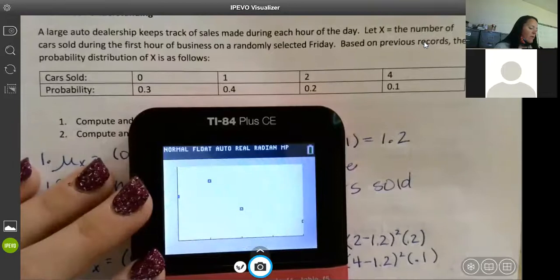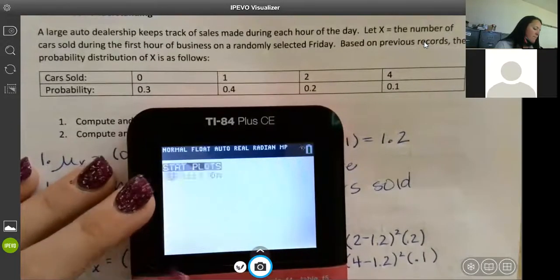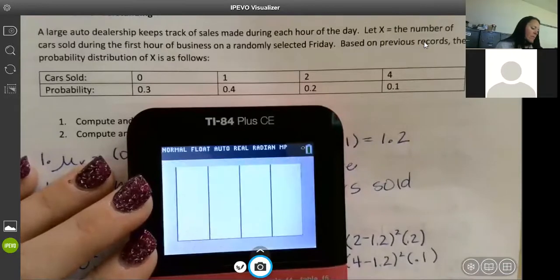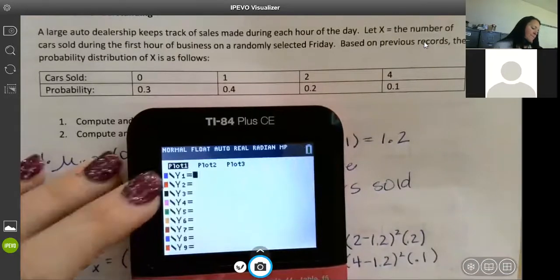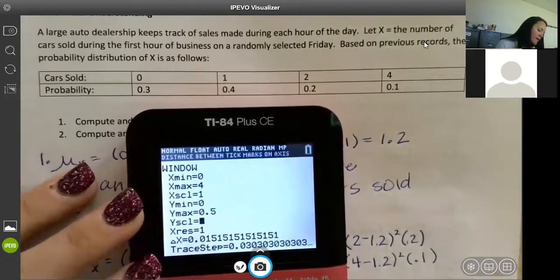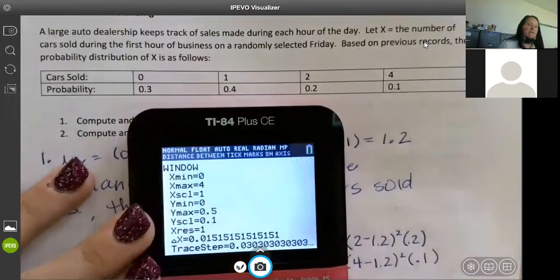And then when we graph it, let me turn on the right plot. It's driving me insane. 0 to 4, 1, sorry, my Y scale, 0.1s. This is your Y's on the bottom, so my scale is going by pretty much 0.1s.